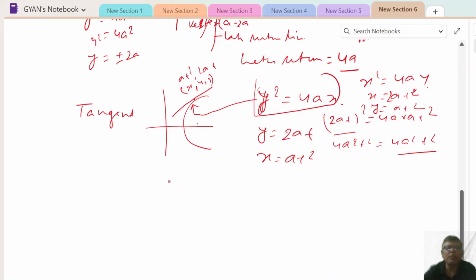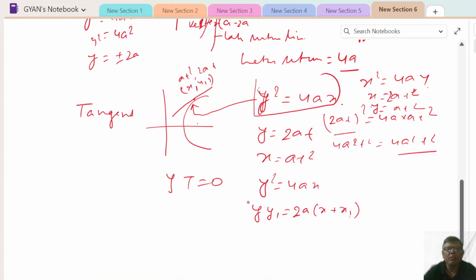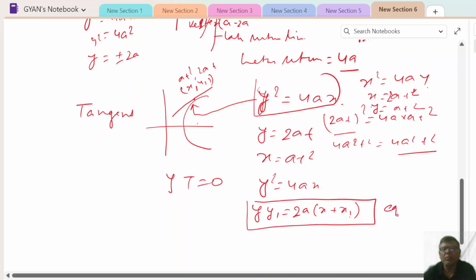So the slope equation is the same, with p equal to 0. So y square is equal to 4x, and this one will be y y1 is equal to 2a times x plus x1. So this is the equation of the tangent.